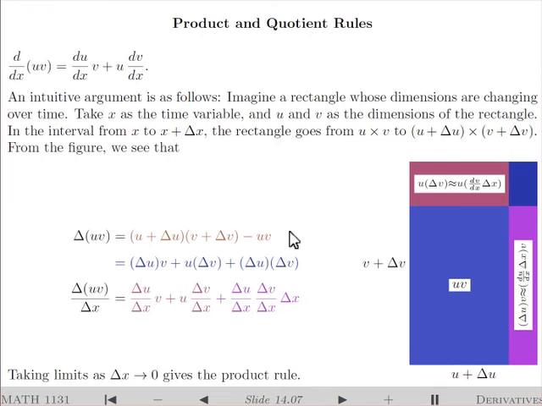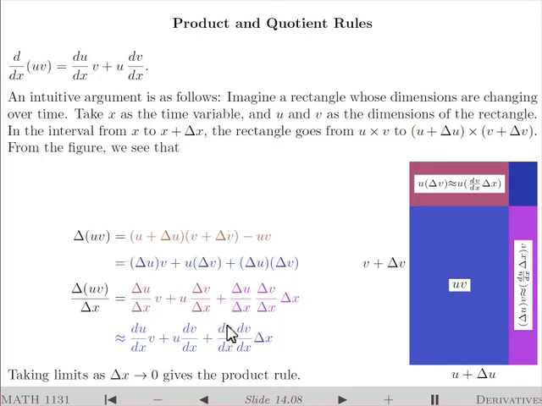So the first term corresponds to the first term in the product rule. Second term corresponds to the second term in the product rule. What about the third term? What happens to that? Well, the first factor is du over dx approximately. Second is approximately dv over dx, but I still have this delta x.